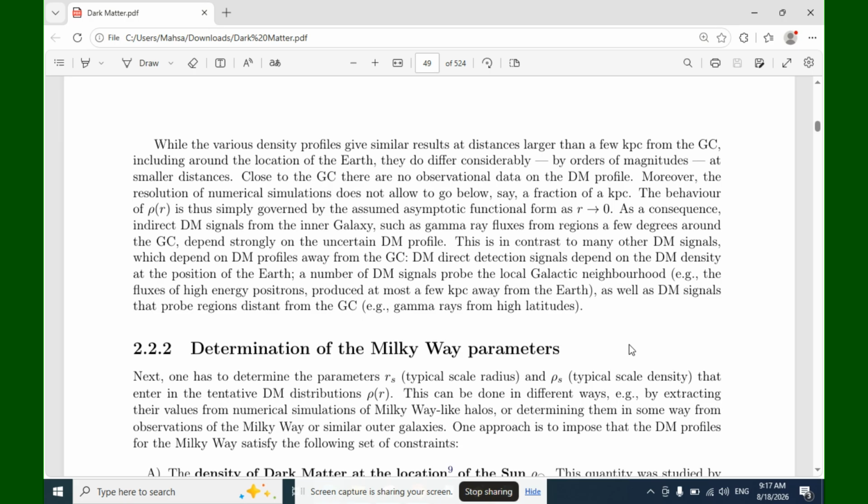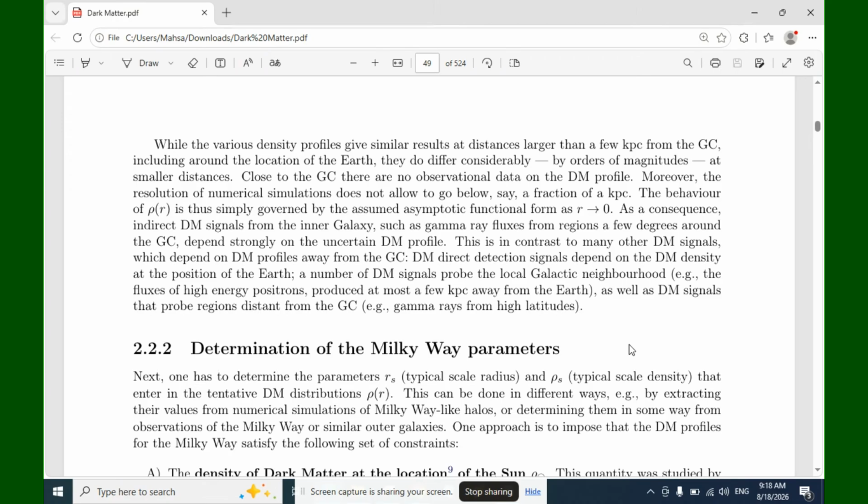While the various density profiles give similar results at distances larger than a few kpc from the GC, including around the location of the Earth, they do differ considerably, by orders of magnitude, at smaller distances close to the GC. There are no observational data on the dark matter profile there. Moreover, the resolution of numerical simulations doesn't allow going below, say, a fraction of a kpc.